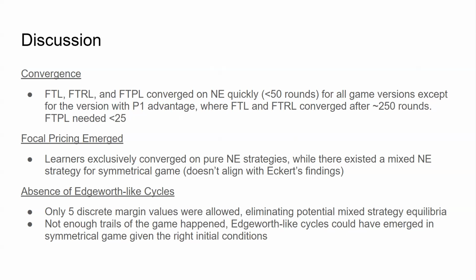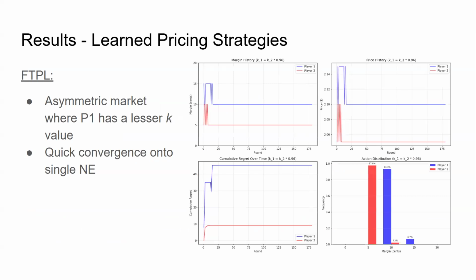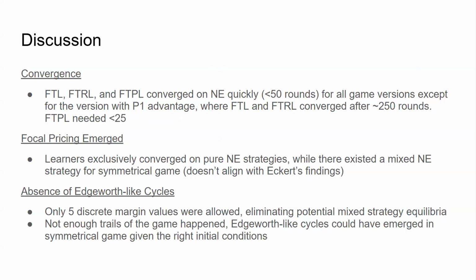But follow the perturbed leader, as you can see in this plot, only needed less than 25 rounds to get there. So the conclusion you can draw from that is that the difference in K values has a massive effect on the complexity of the game, meaning that it's harder for the learners to converge onto the Nash equilibrium.